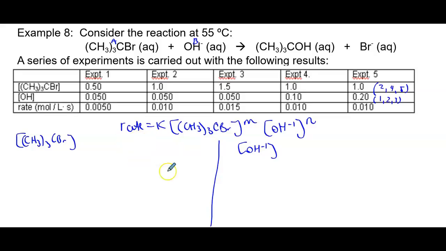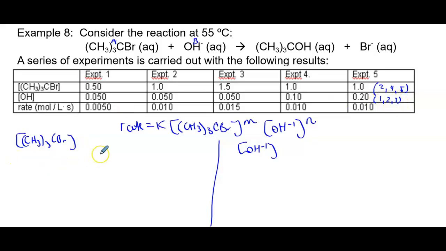So we're going to apply that expression, rate 2 over rate 1 equals concentration 2 over concentration 1 to the power, for each of these. But to pick which experiment sets I use for this one, I don't use this one, I look at hydroxide. Okay, so we see that hydroxide, OH minus, is constant with respect to experiments 1, 2, and 3.